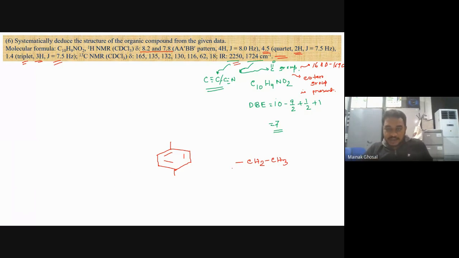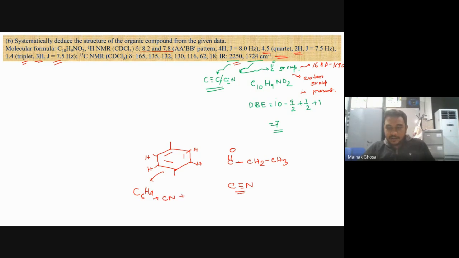So a CH2CH3 group is present, and I have also seen the presence of carbonyl and cyanide. You sum all this up. You get C6H4, 4 hydrogens are there, plus CN.